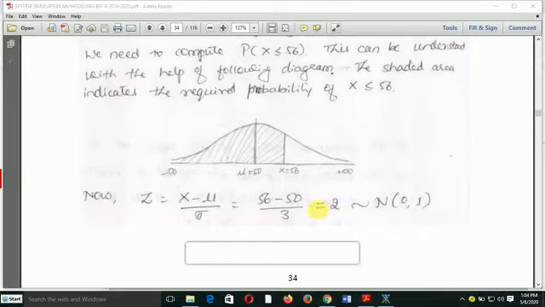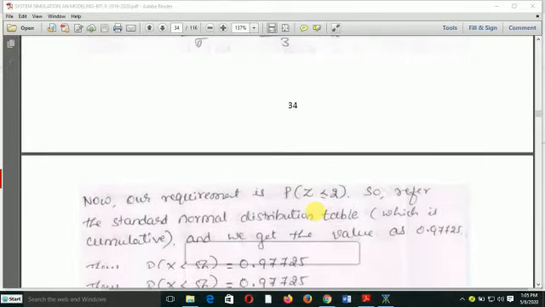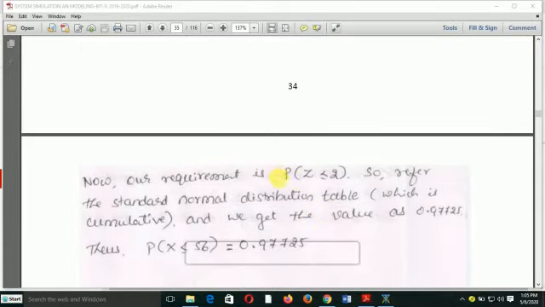So it means our requirement is to calculate the probability P(z ≤ 2). We can refer to the standard normal distribution to find this probability.